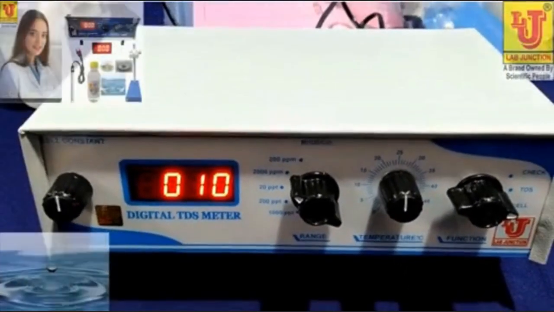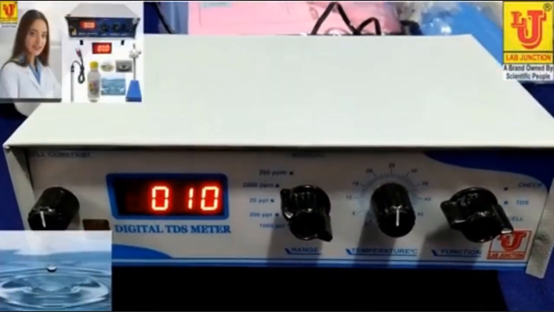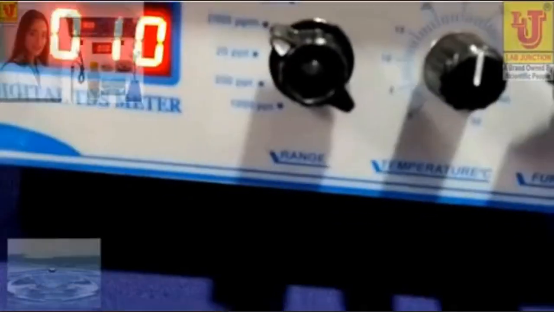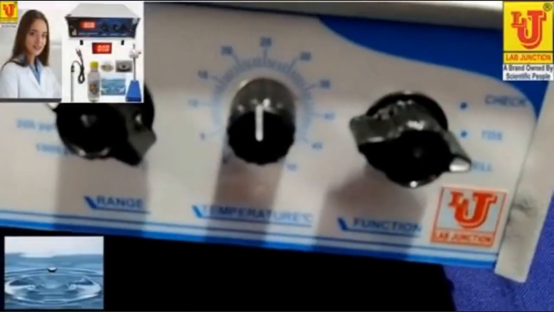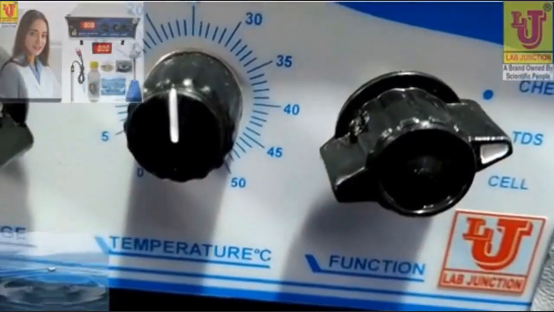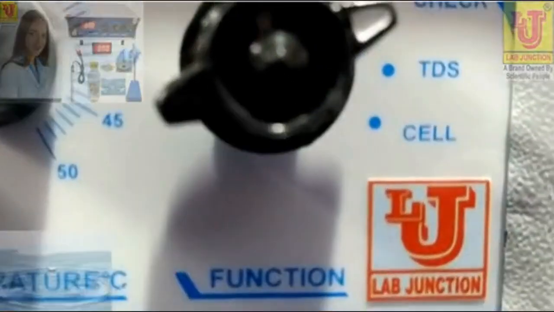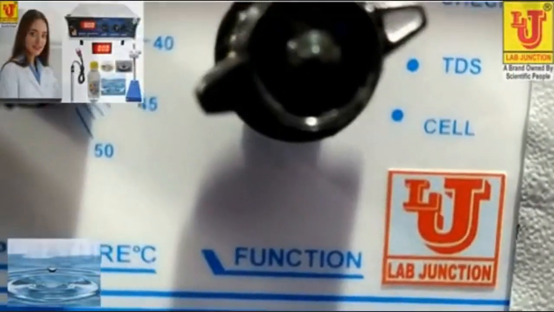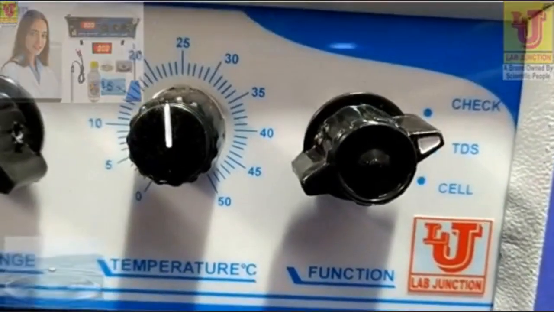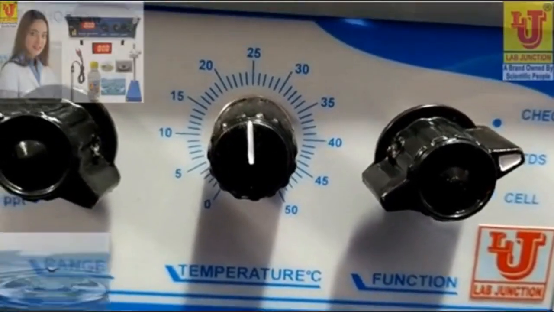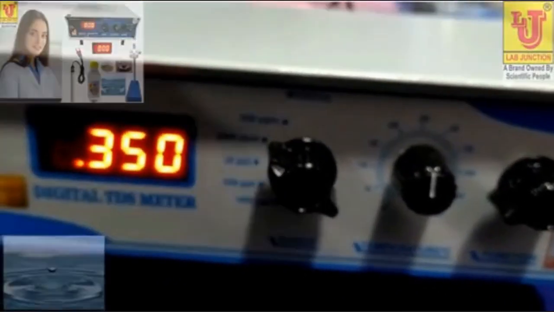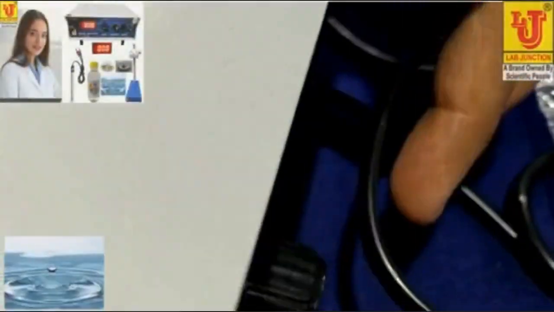Now, how can we calibrate this digital TDS meter? First, you go to check position like this from the function control. Now adjust 1.000 from this knob of cal control, this knob.